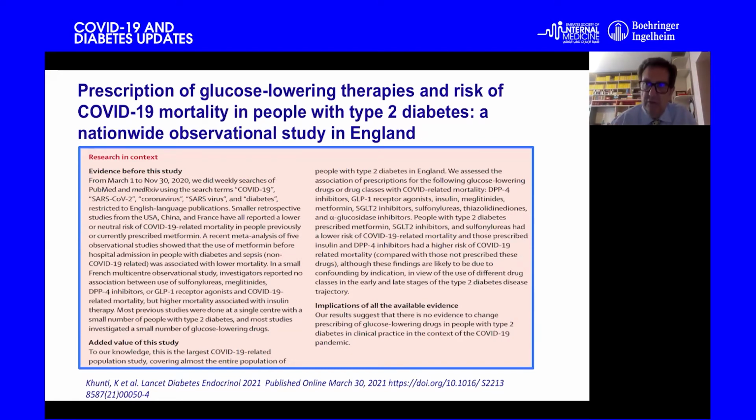But there is no reason to change the therapy. On the contrary, in the case of SGLT2 inhibitors and GLP-1 receptor agonists, you must keep them because they offer a protective effect against the cardiovascular events, which we know are a very serious complication during COVID-19.